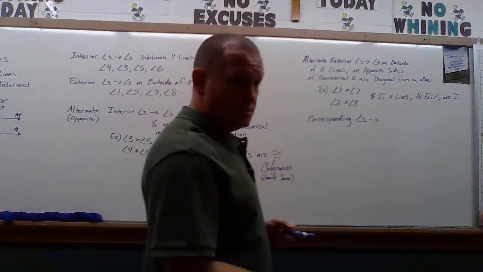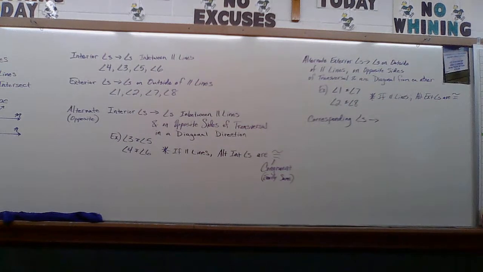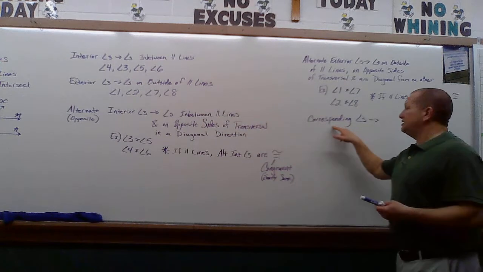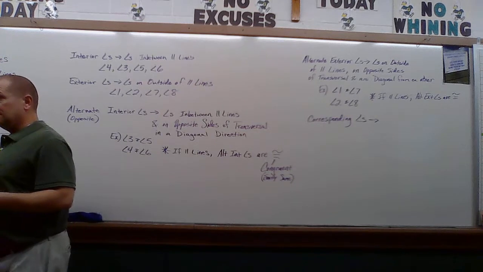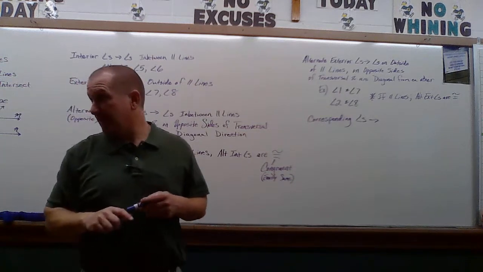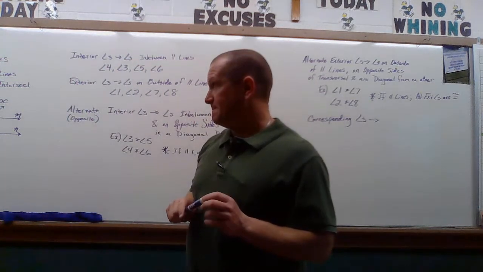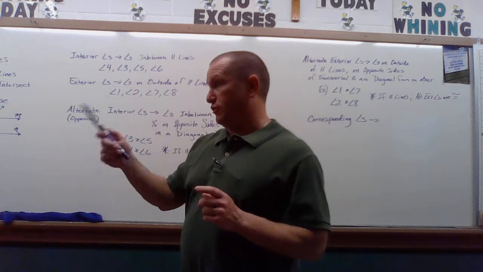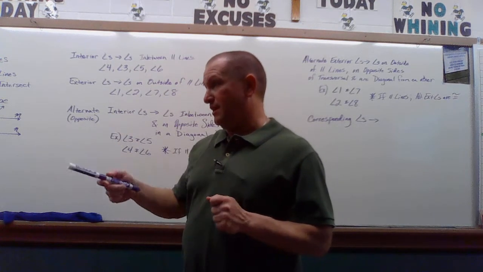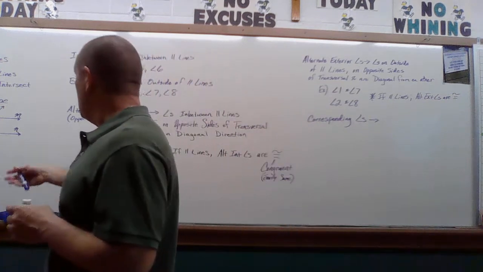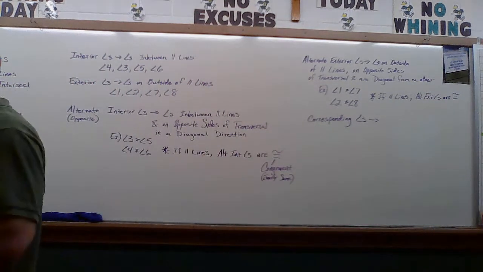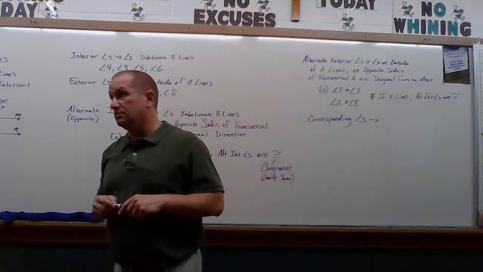They go together, kind of. Exactly right. So, any idea what you would consider corresponding angles in this? The ones directly across from each other, like 1 and 3? No. Great guess, though. Keep that in mind in just a second. We'll come back to that.